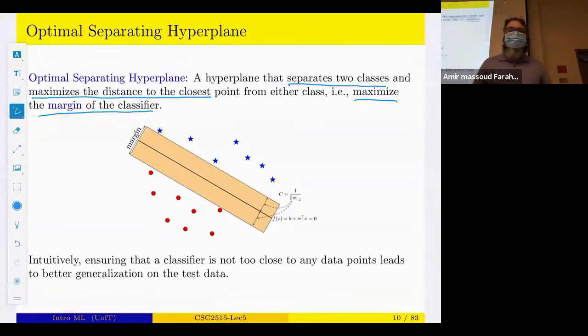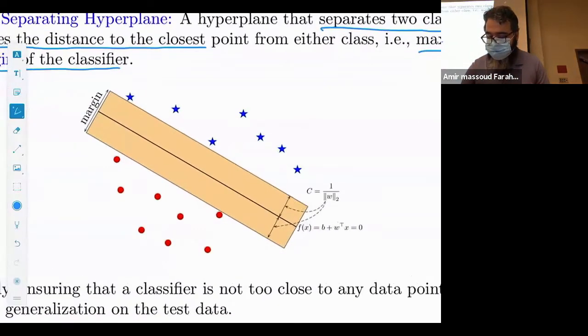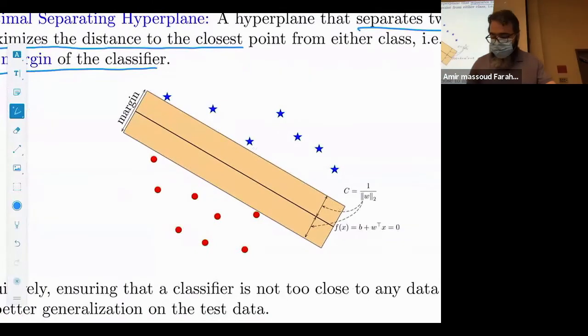Let's look at what it means. Suppose this is the line that we selected. This line has a distance to each of the points. There is a distance to each of these points, say some number. Similarly, we have distances to the red points.